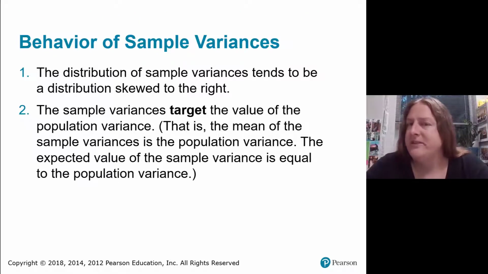So some behavior of sample variances: the distribution of sample variances tends to be skewed to the right. But even though that's the case, the sample variances target the value of the population variance. That is, the mean of the sample variances is the population variance, even though it's not normally distributed.